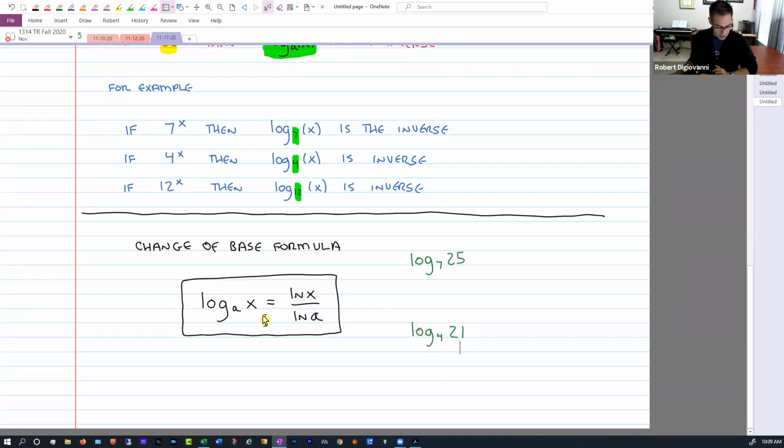But if we look at this formula, the x is this number, and the a is that number. So in order to figure out what this is using that formula, this should just be the natural log of something over natural log of something. What number goes where? What number goes on top?